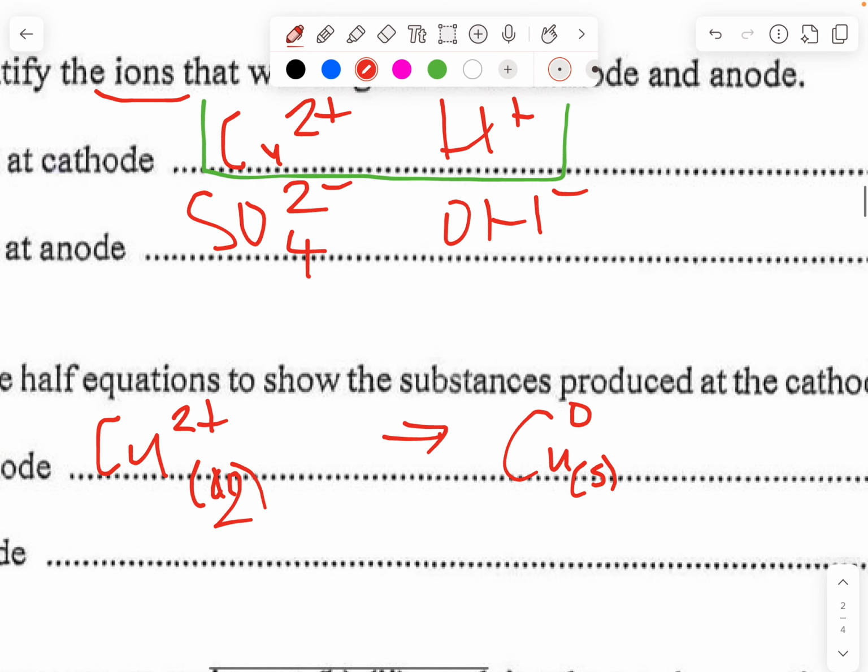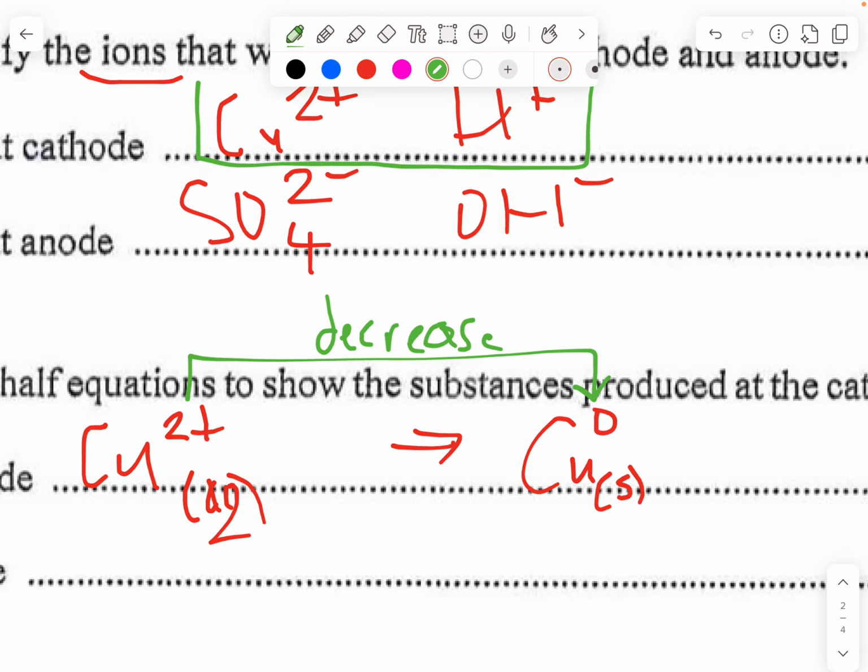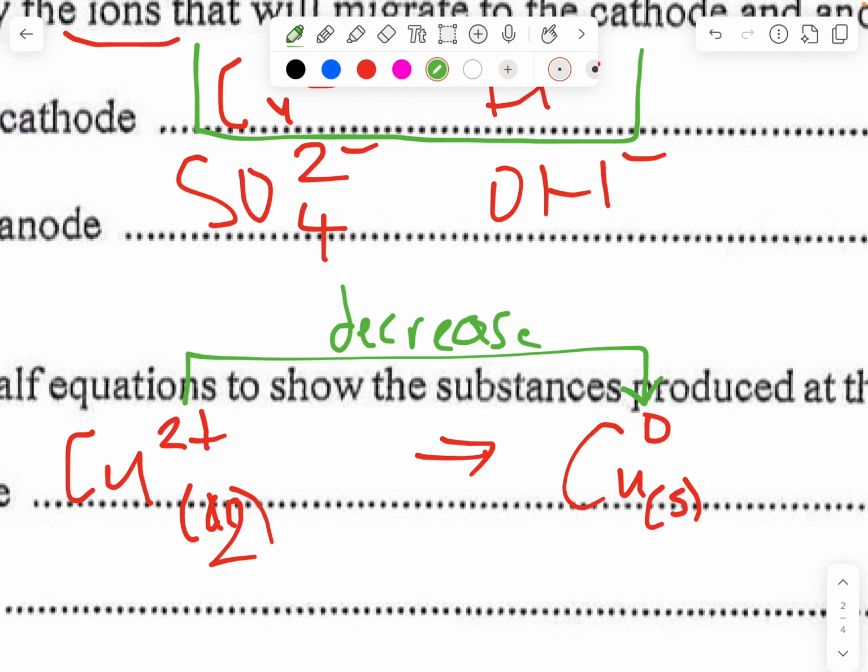Now we need to figure out where we're going to put our electrons. In this case, right, we need to figure out where we're going to put the electrons and also the amount of electrons. Now, since we're going from 2+ to 0, right, we're decreasing in oxidation number. Oxidation number is decreasing, and if the oxidation number is decreasing, we know that that is reduction, right? And for reduction, we're going to put our electrons on our left because that's the gain of electrons.